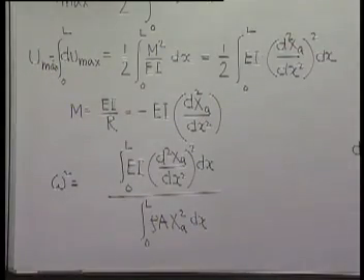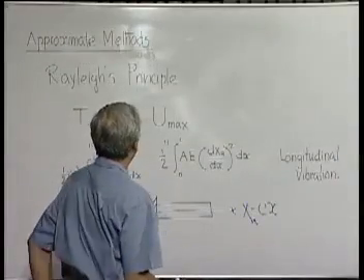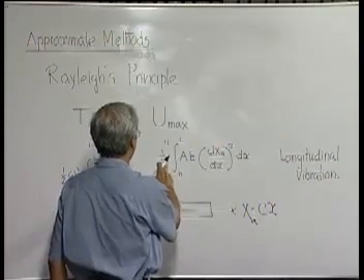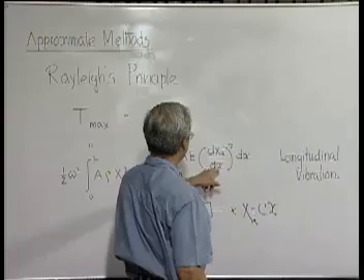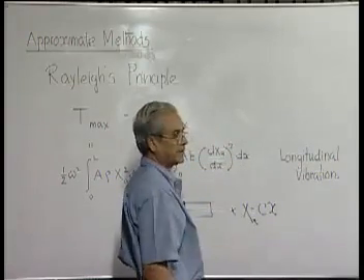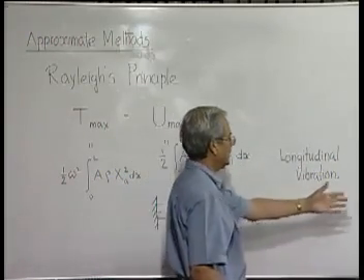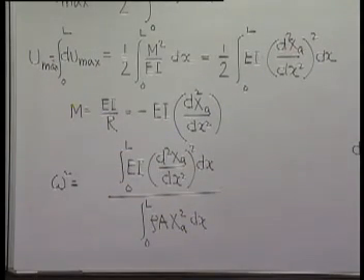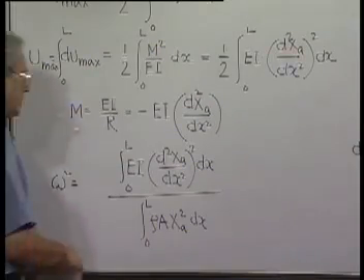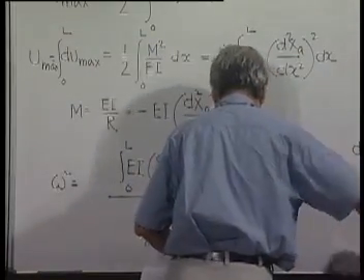It is slightly different in this case: we have half EI into the integral of d2X by dx square, whole square, into dx, and the expression for the natural frequency we get like this. So this is for transverse vibration.